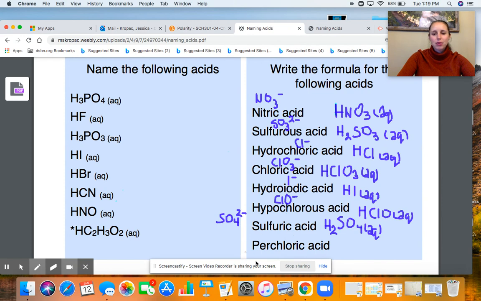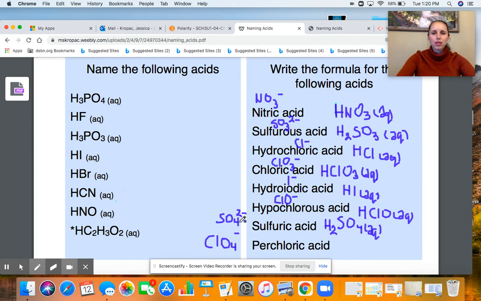And last up, perchloric acid. So I don't see a hydro in front of it. Since there's no hydro, it's got to be an oxo acid. So I'm looking for something that's got the root perchlor and something that's got the ending -ate. So I'm looking for perchlorate. If I see what perchlorate is, it's ClO4, and it's got a charge of -1. So anything with a charge of -1, again, it's going to cross over with hydrogen, but we're not going to see anything crossing over.